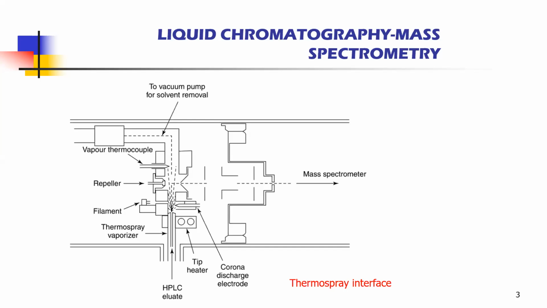So that is about the working of thermospray vaporization. So it is going to form the ions, with the two required parameters being a low vacuum system and high concentration of mobile phase removal. After that, it is diverted to the mass spectrometer.